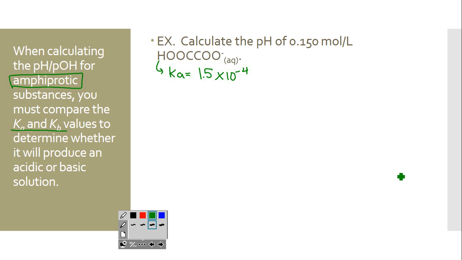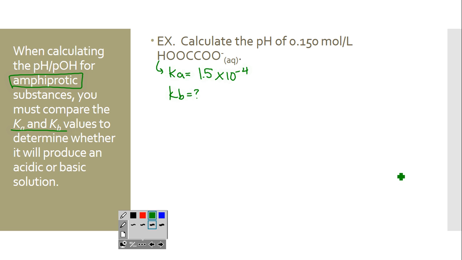Well, what's its Kb value? You have to look at the line where it is actually the base. So some people might accidentally stay on the same line and try to calculate Kb. What you actually want to do is find the line several spaces higher where HOOCCOO⁻, our hydrogen oxalate ion, is on the base side.